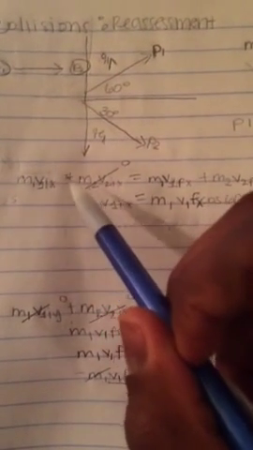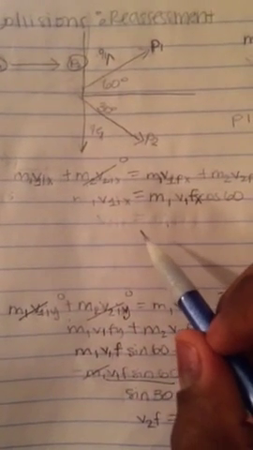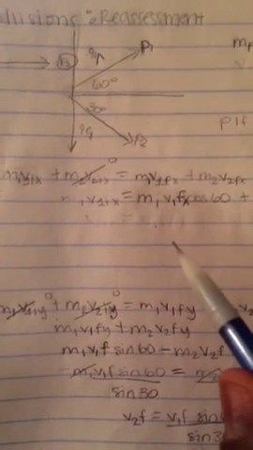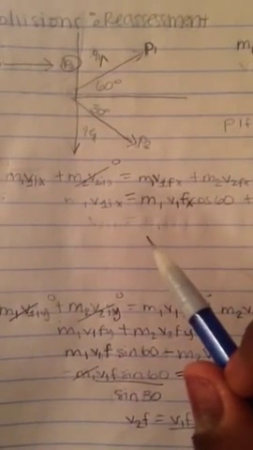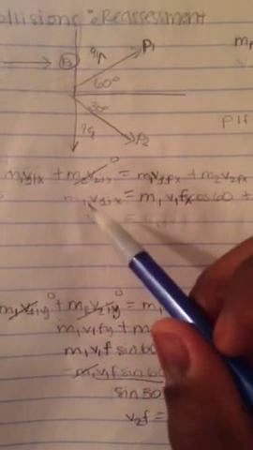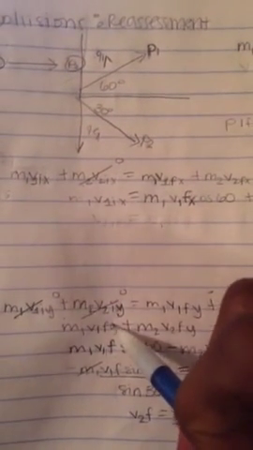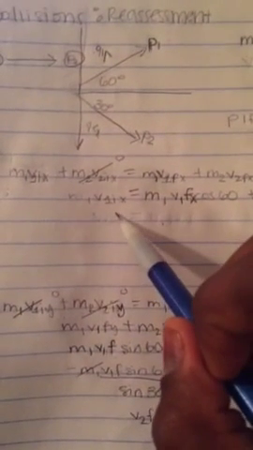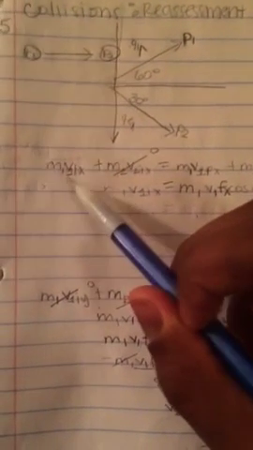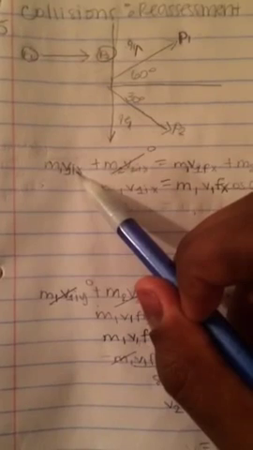But the problem wants us to find the final velocity for Puck 2. So we can either use the y components or the x components to do that. But since we don't know this, we can't find it. So we go on to the y components.